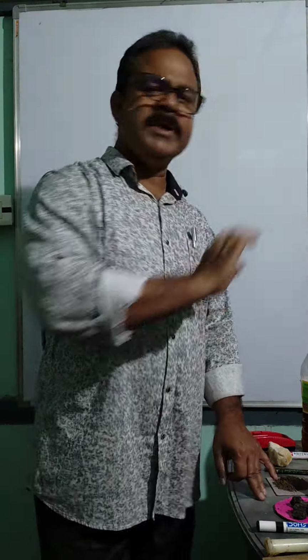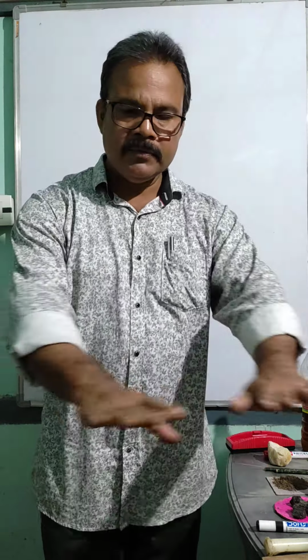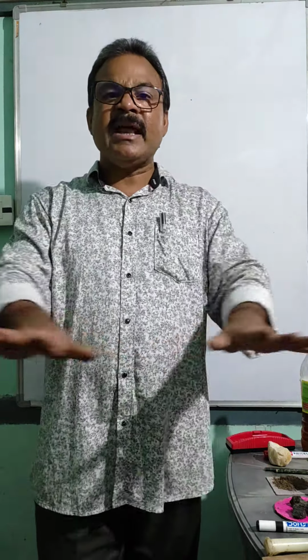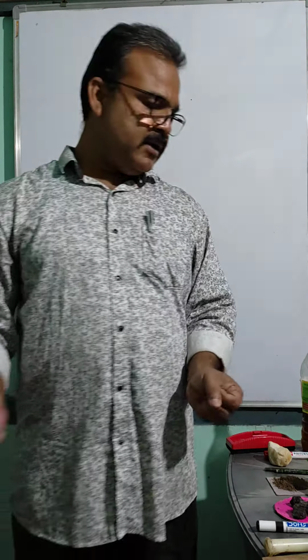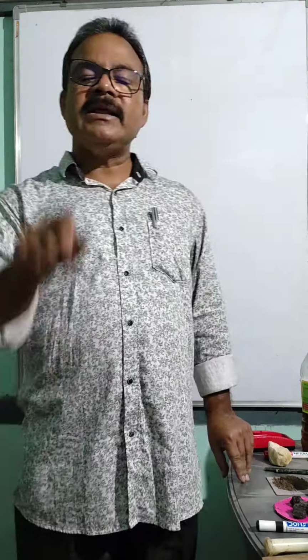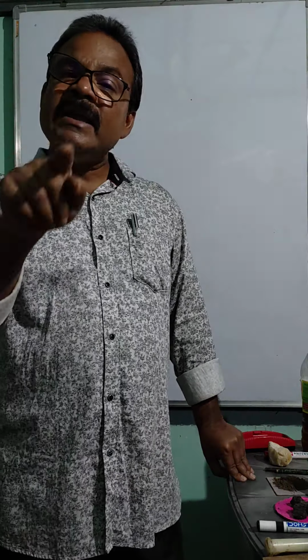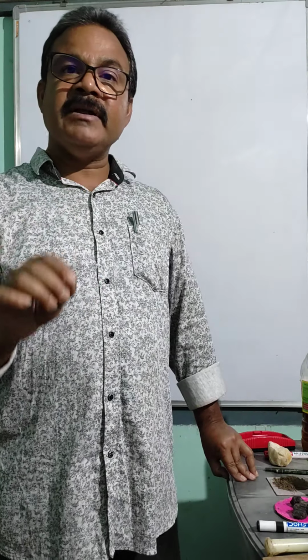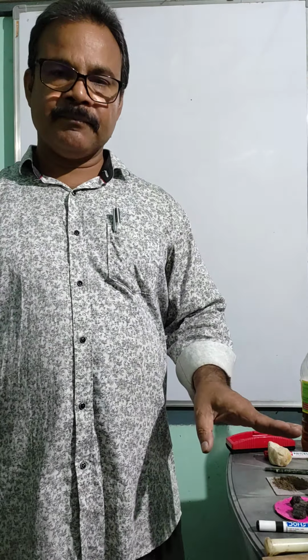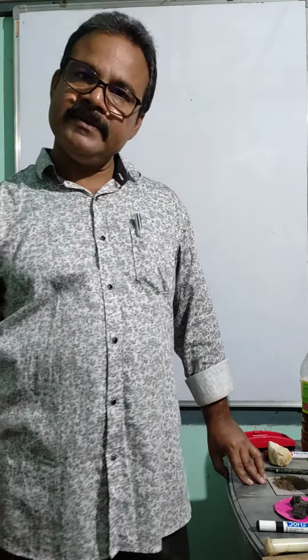If we hammer a piece of copper or aluminium, we can make it into a sheet-like structure. Am I right? And this property of metal is called malleability. It is the unique property of metal by virtue of which metal can be given a flat shape, like sheet-like structures, just by hammering.